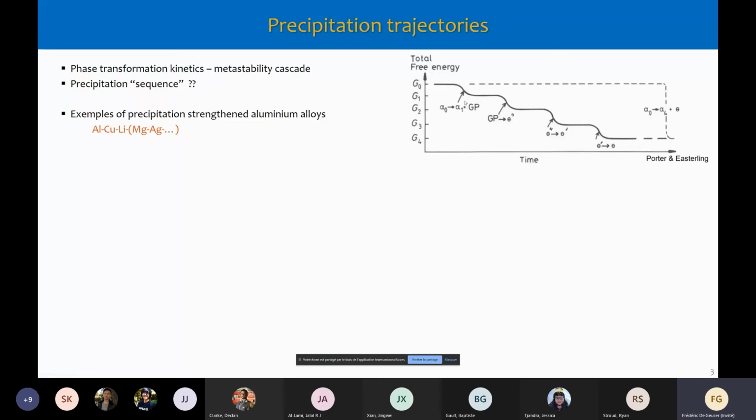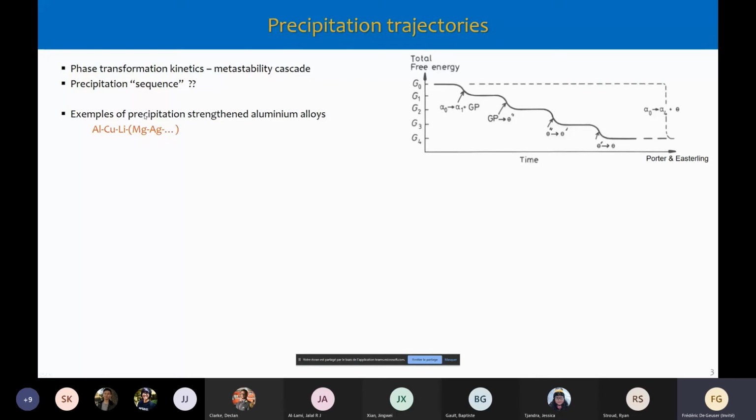What's very interesting is that this fundamental topic, which is more or less understood in principle but not in the details, still has a very strong influence and is very important in very applied materials such as precipitation strengthened aluminum alloys, which will be the body of this presentation.